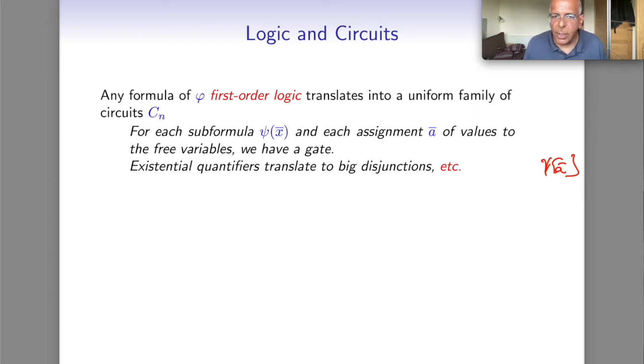Existential quantifiers translate to big disjunctions. So suppose psi a bar is there exists x theta x a bar.